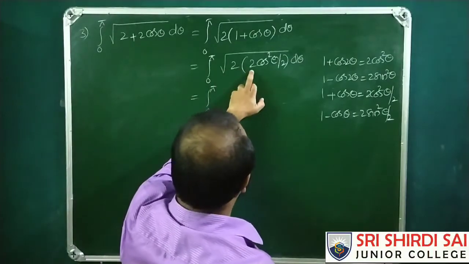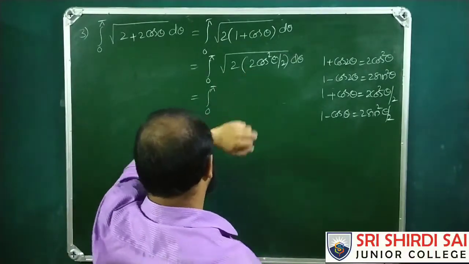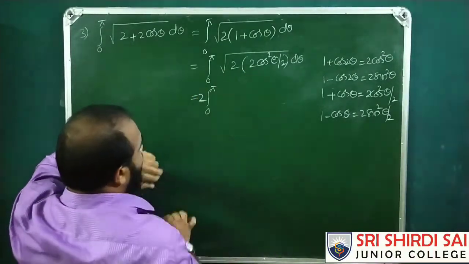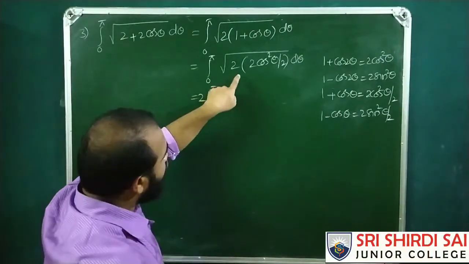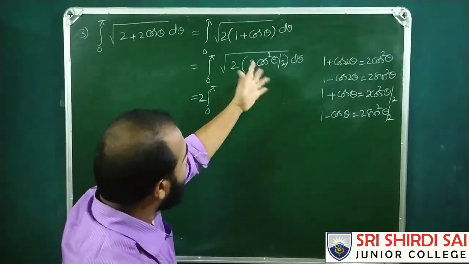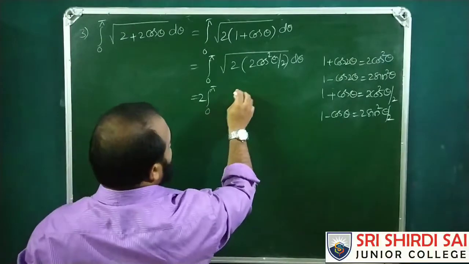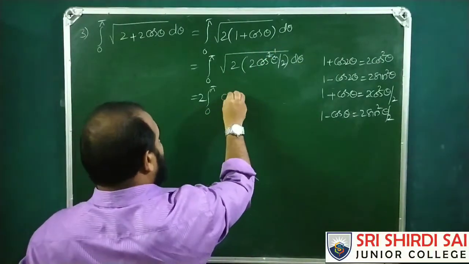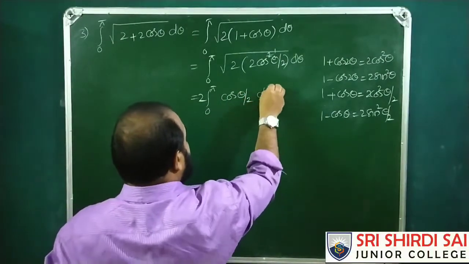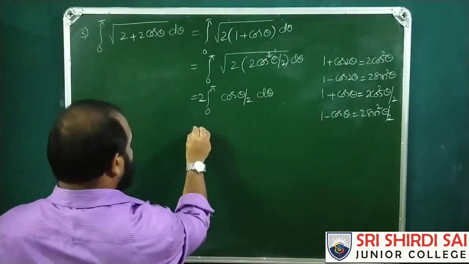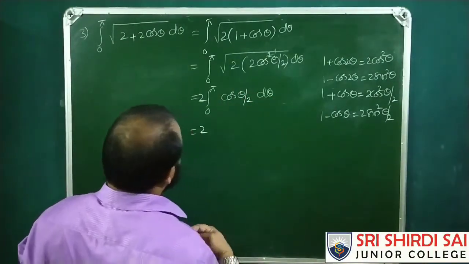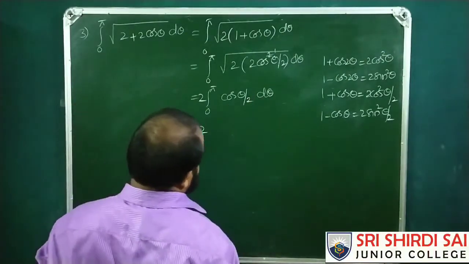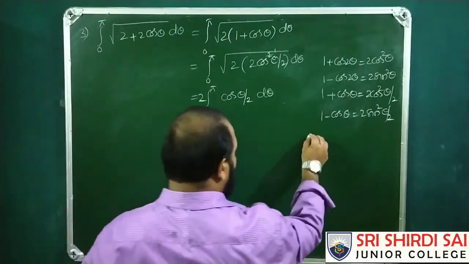So 2 twos are 4, under root 4 is 2. I have separated this 2 from the process of integration. The square root cancels the square in cos square theta by 2, and I am left with cos theta by 2 d theta. So 2 into, we know integral cos x dx. What is integral cos x dx?